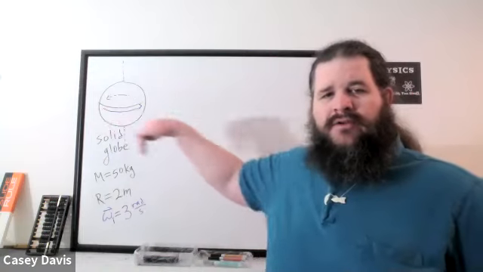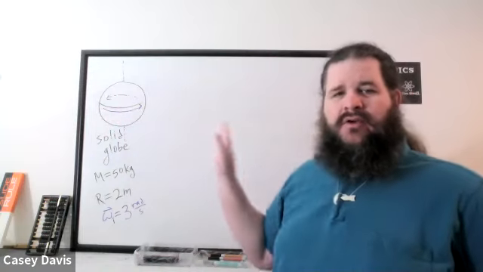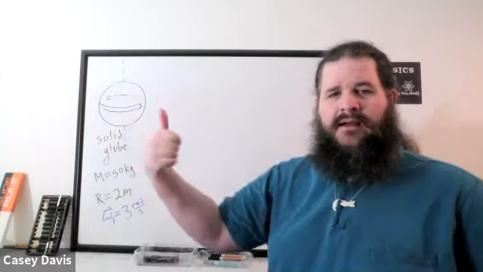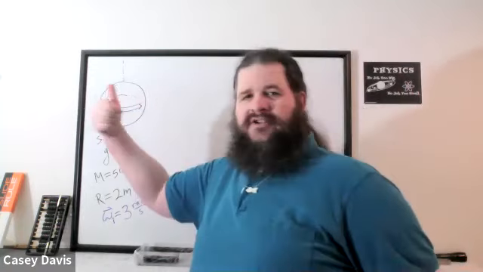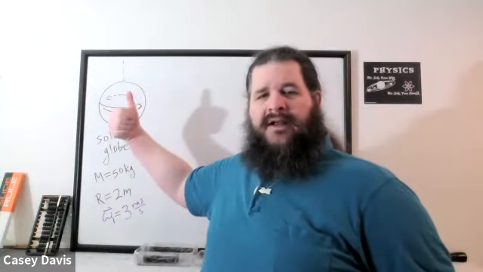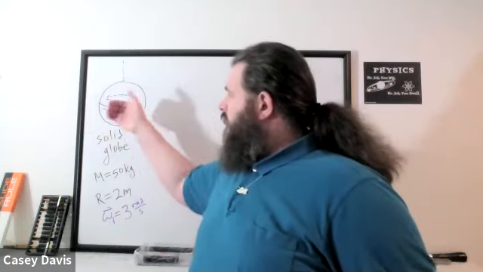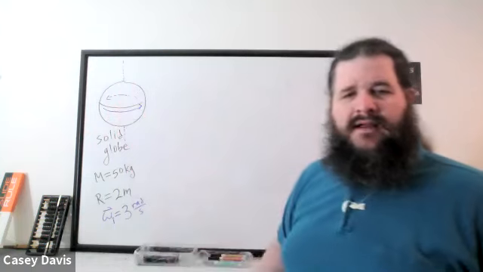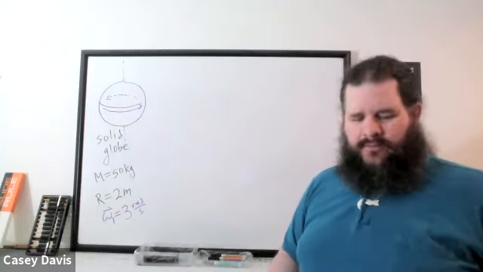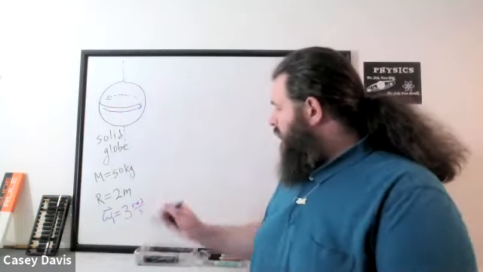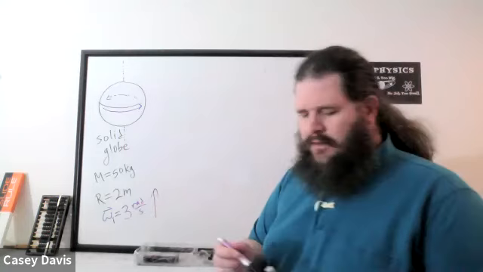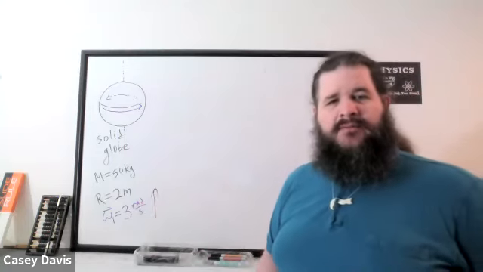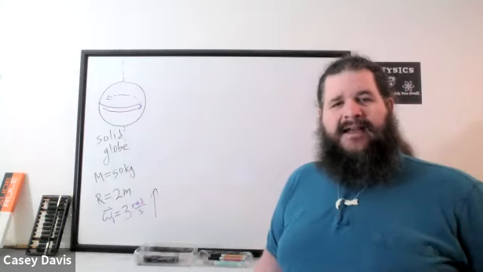If you curl the fingers of your right hand in the direction it's spinning, so curl your fingers this way, because it's spinning in this direction, your thumb is now pointing upwards. So this sort of spin would be treated as an upwards angular velocity. Yeah, that's upwards. So we'd say angular velocity is 3 radians per second upwards. And of course, that doesn't mean anything is moving upwards. Upwards is just the axis it's rotating around.